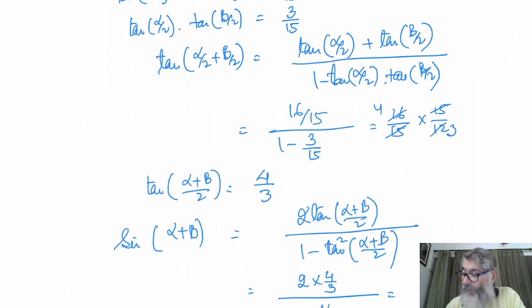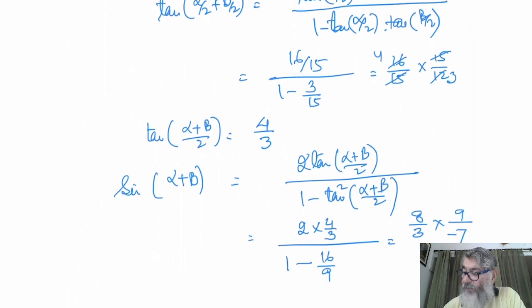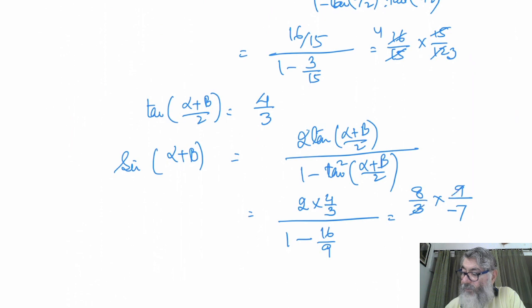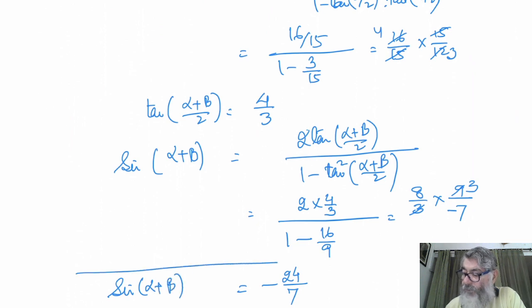It will become 8 upon 3 over (9 minus 16) upon 9, which is minus 7 upon 9. 3 3s are 9. So it will come minus 24 upon 7. So the value of sine alpha plus beta will be equal to minus 24 upon 7. That is the answer.